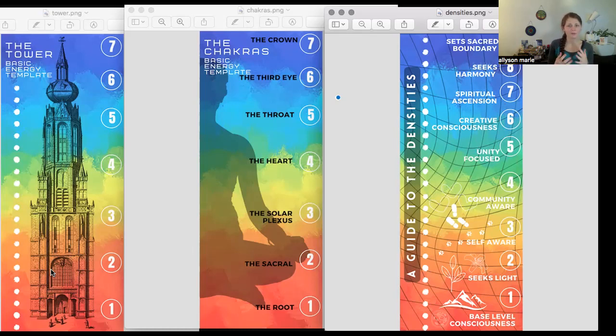to play a role and really get a chance to express themselves in the third density, in the third chakra, and in this third floor of the tower.